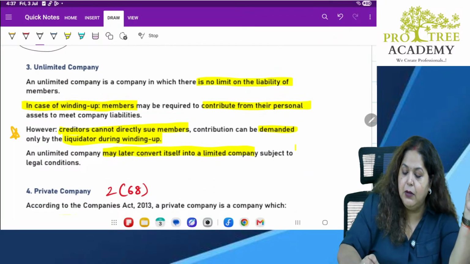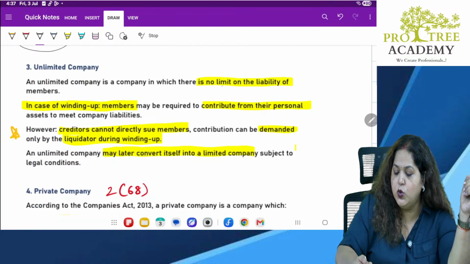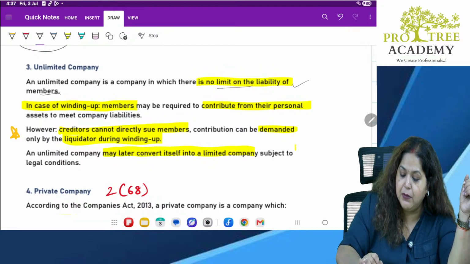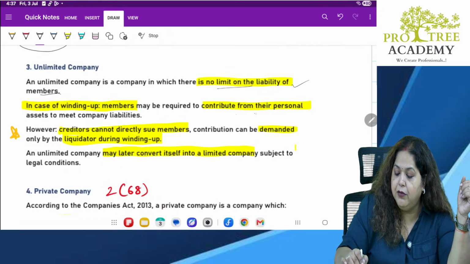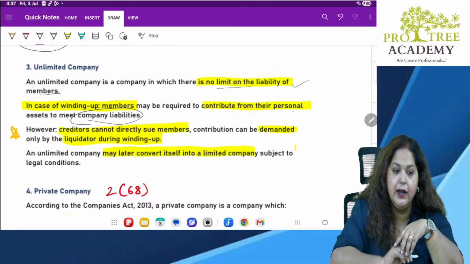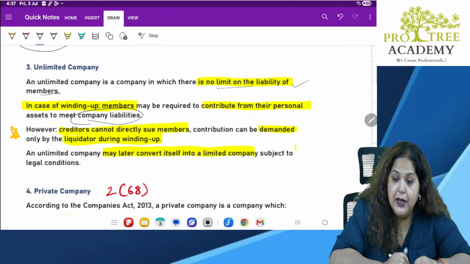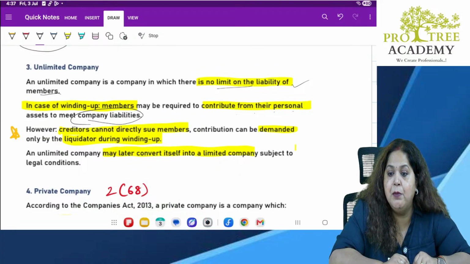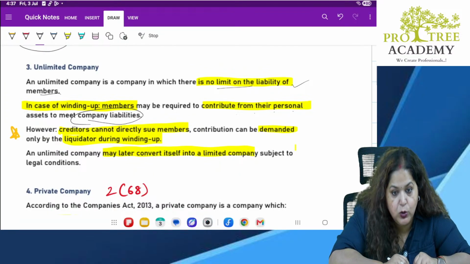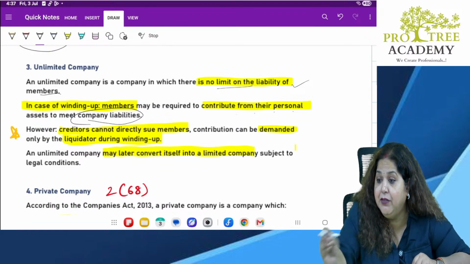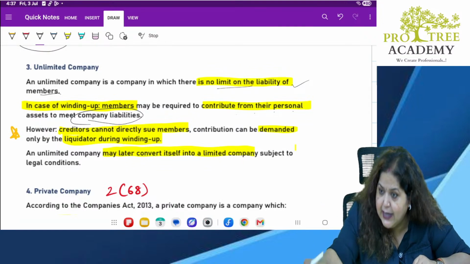Unlimited liability is a company where there is no limit on the liability of members. In case of winding up, members may be required to contribute from their personal assets to meet the company's liability. If your liability is unlimited, at the time of winding up, whatever liability there is to the creditors, you have to bring even from your personal assets.